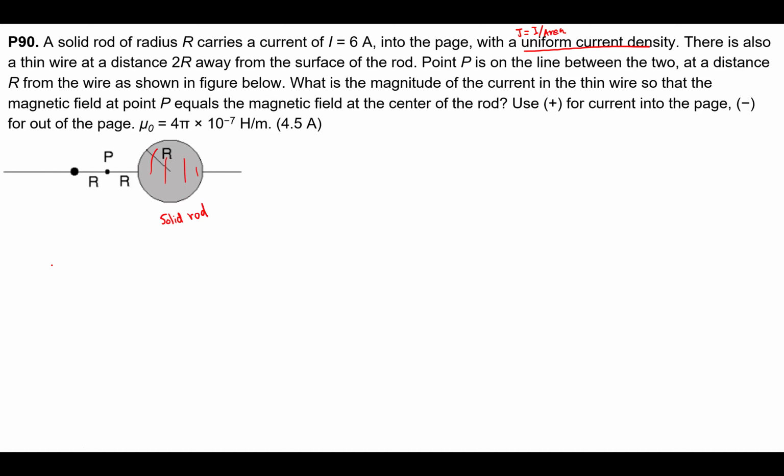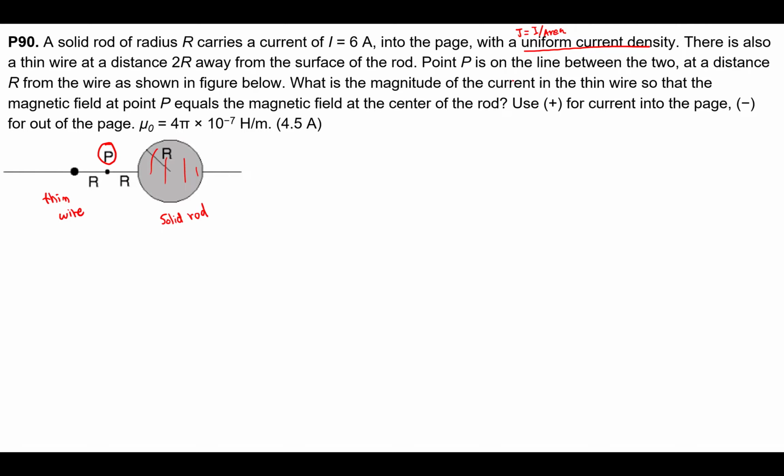There is also a thin wire. This is the thin wire. And point P is on the line between the two. Okay.